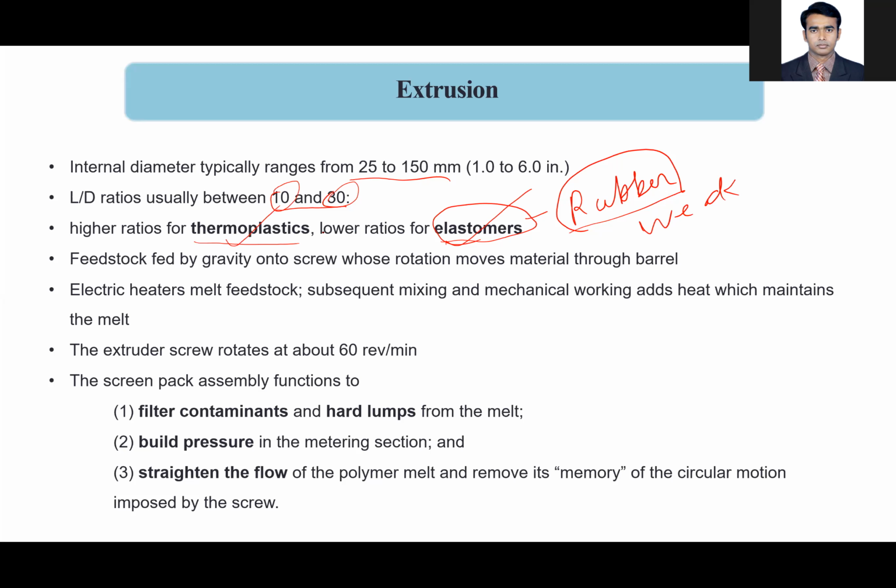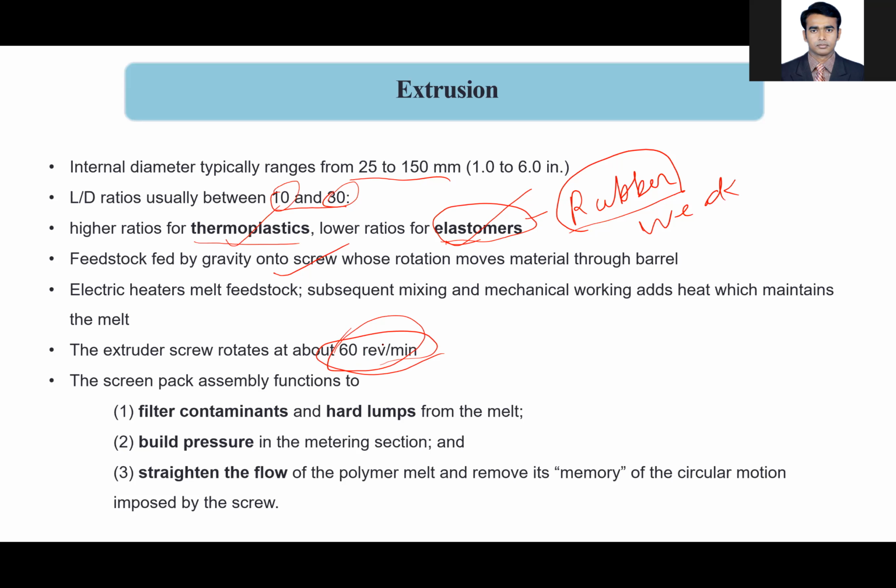This is already discussed: mixing and the screw rotation depend on the material. For various materials the rotation is different, but usually 60 revolutions per minute is used for screw rotation for moving the material. It also depends on the pitch of the screw, how the material will flow and how much flow you require, and also the size of the die.